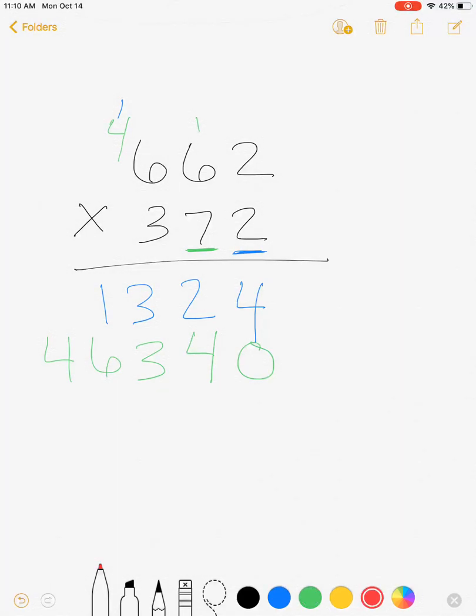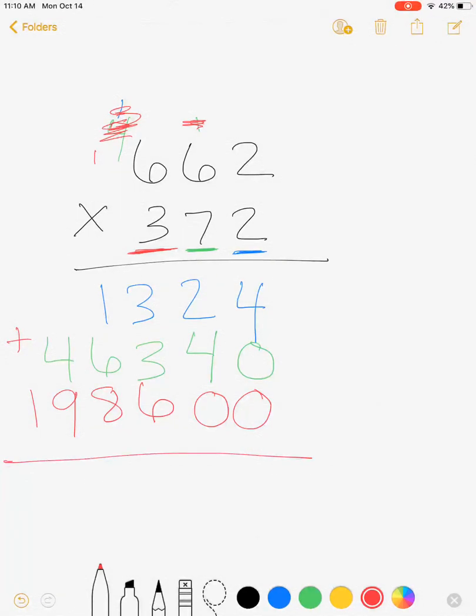And then I'm not finished yet. Don't forget about the hundreds place. Drop 2 zeros, and if you need to, mark those out so they don't confuse you. 3 times 2. 3 times 6. 3 times 6 plus 1. And as you can see, I really need to know my multiplication facts, because if I get one multiplication fact wrong, the whole problem's wrong.